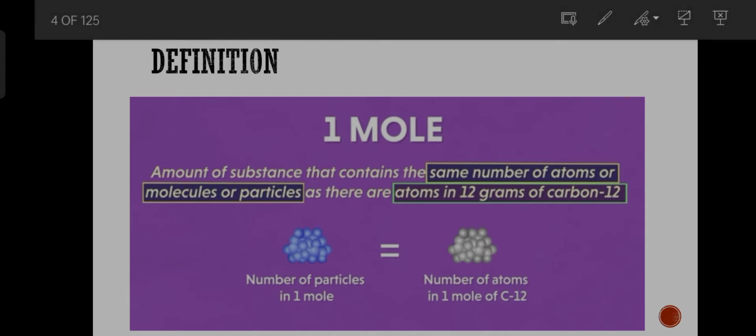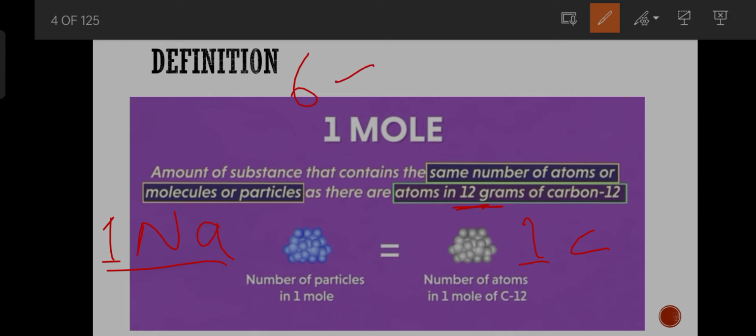You know that carbon has the atomic mass of 12. So the number of particles in 1 mole of sodium is equal to that in 1 mole of carbon. And what is the number of particles that are present in 1 mole?